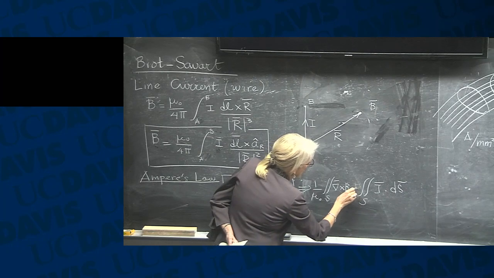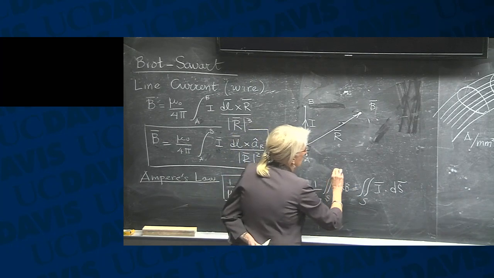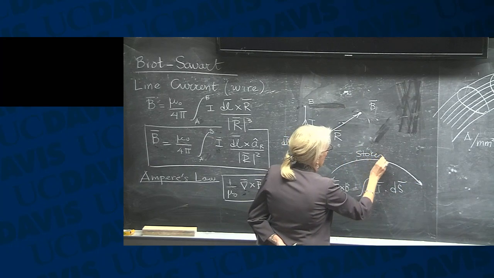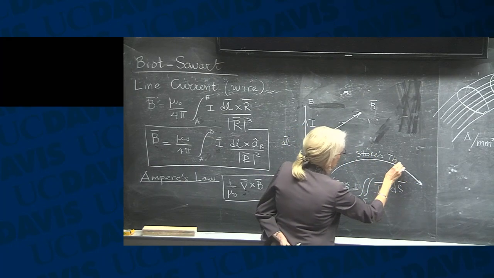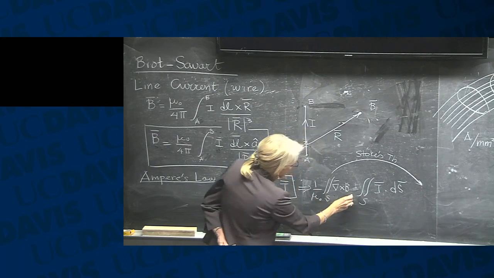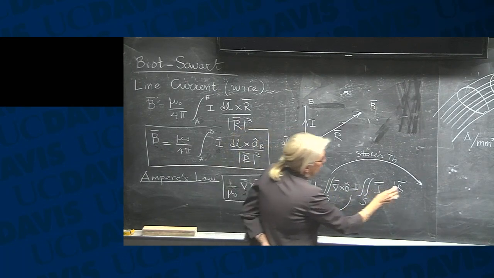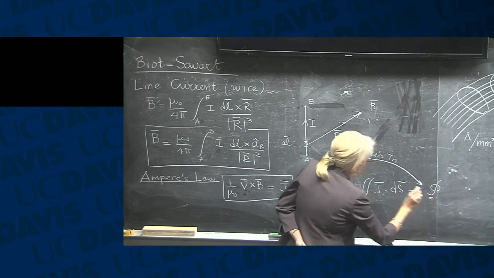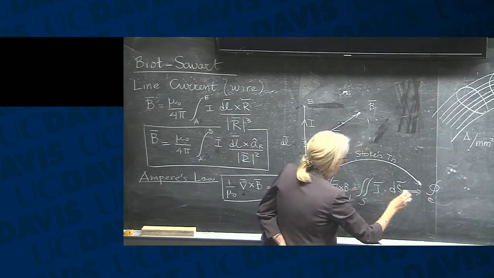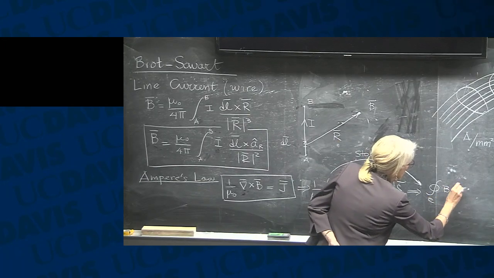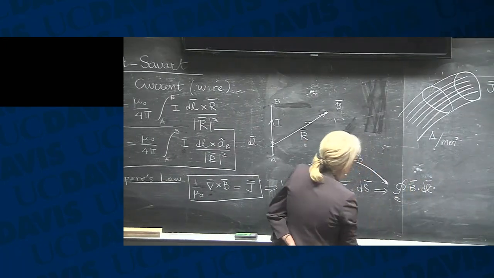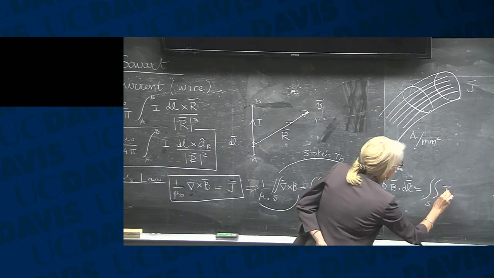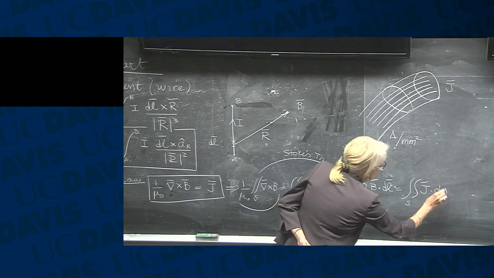Stokes theorem, so here Stokes, tells me that this one can be simplified to what? To a line integral of B dot dl, which is then equal to the surface integral of J dot dS.